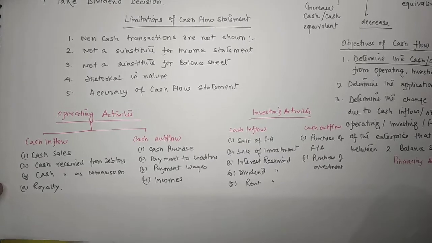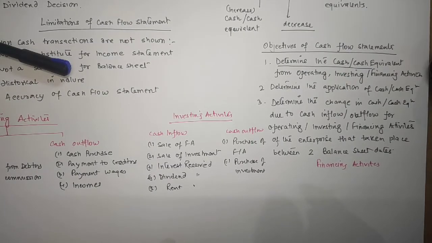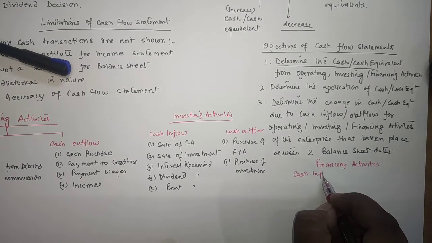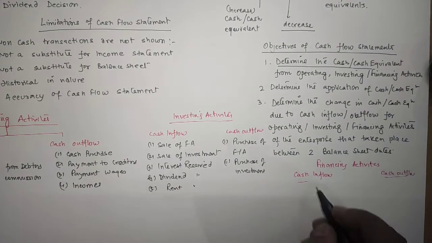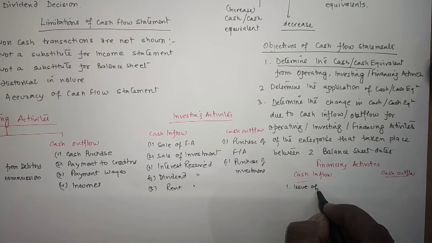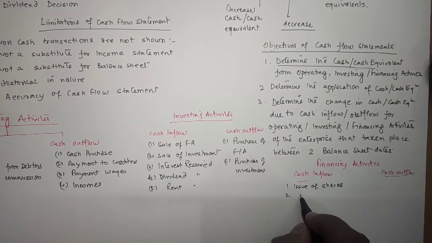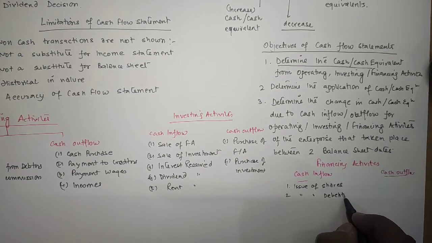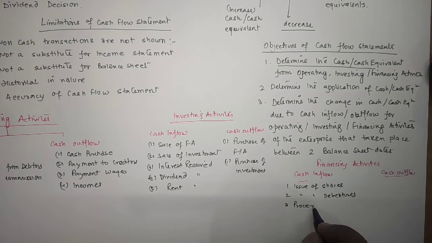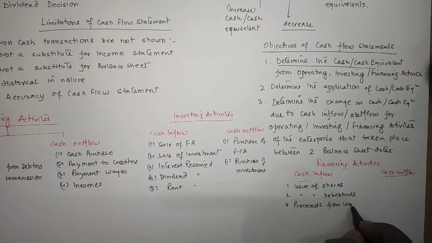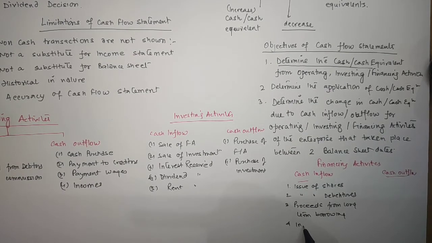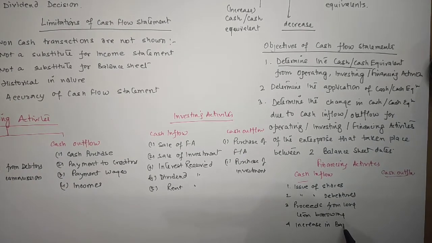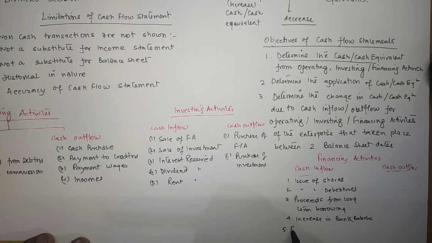Here, for cash inflow, we have issue of shares, then issue of debentures, proceeds from long-term borrowing, increase in bank balance, and securities premium received.